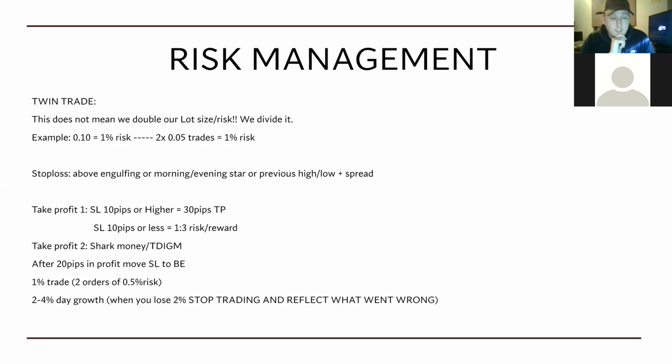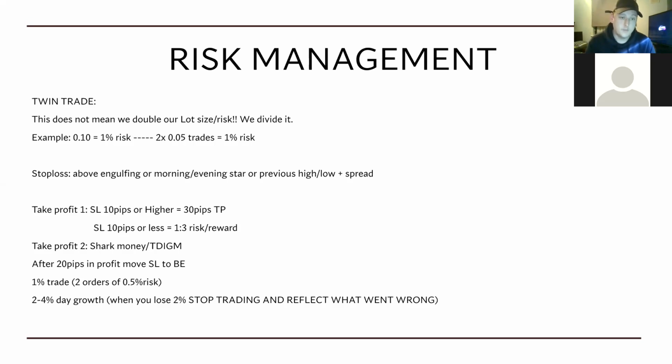Now for stop loss, people always ask where you put your stop loss, and for me, it will either be above an engulfing candle, a morning or evening star, or the previous high or low, plus the spread. The candlestick patterns that we are looking for as a confirmation when price comes back to retest are generally an engulfing, a morning star or an evening star.